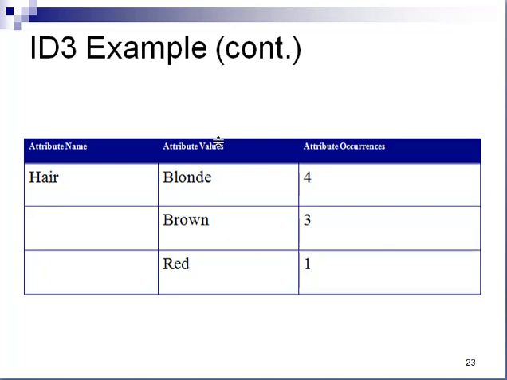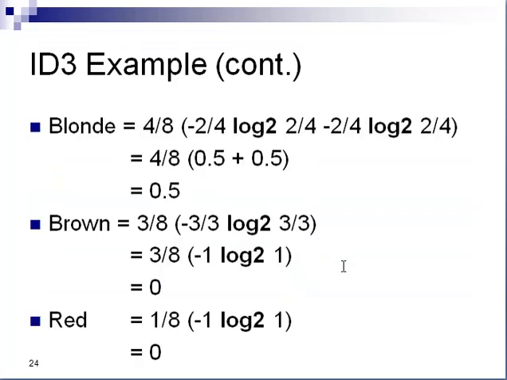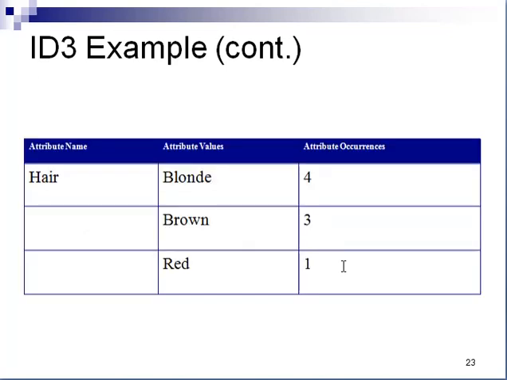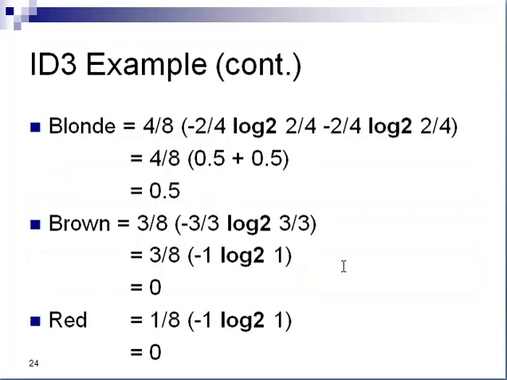You will see in the data set that the total number of occurrences for blonde is 4. So there are 4 individuals which have blonde hair color, 3 individuals which have brown, and only 1 individual which has red hair color.